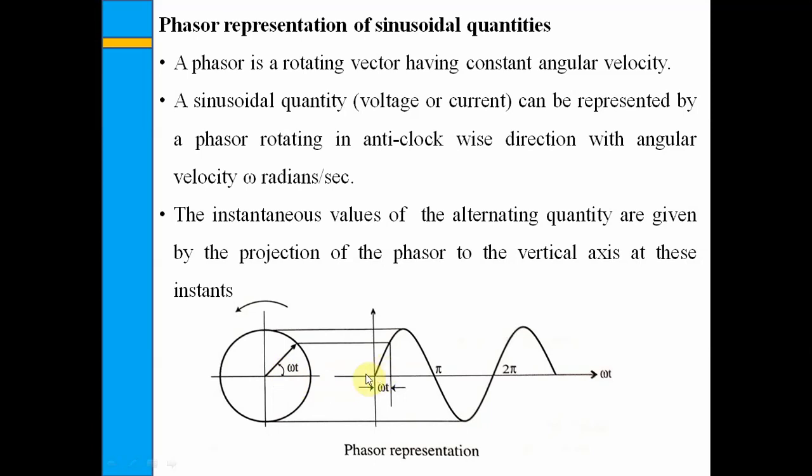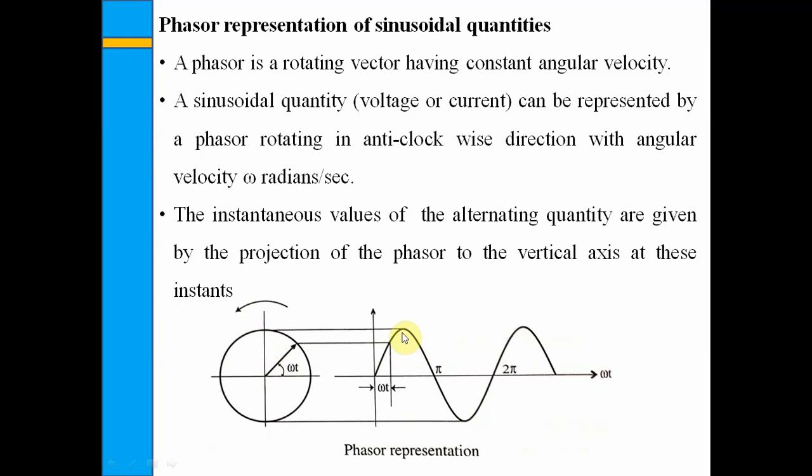At this point, the vector is aligned along the x-axis and projecting onto the vertical axis, the instantaneous value is obtained as 0. And at this point, the phasor aligns along this direction. See? The phasor rotates and aligns along this direction, and projecting this phasor onto the vertical axis will give you the maximum magnitude represented by the length of the phasor.